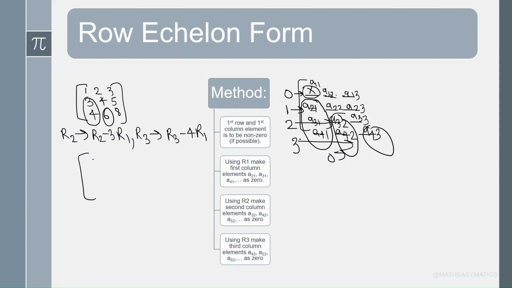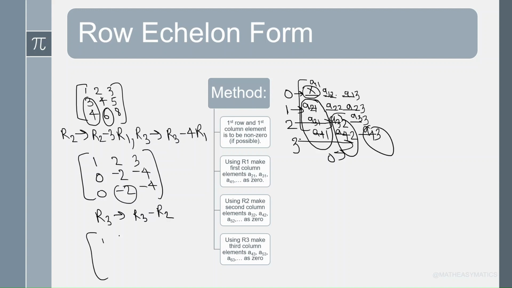So here we get 1 2 3. Here we get 0, minus 2 and minus 4, minus 4. Now we have to make this element 0. So we take R3 and replace it with R3 minus R2.